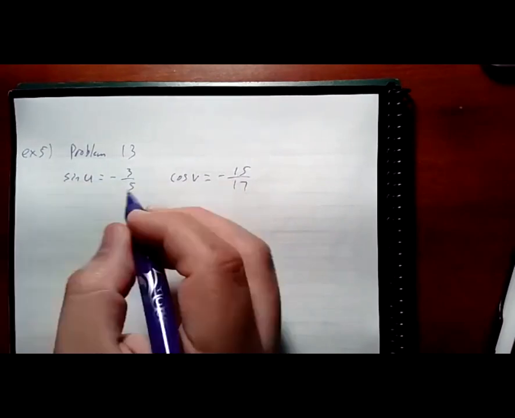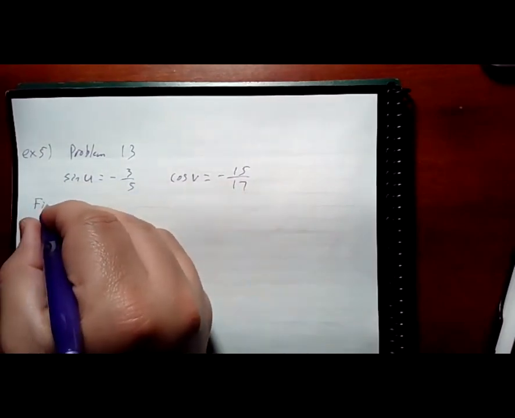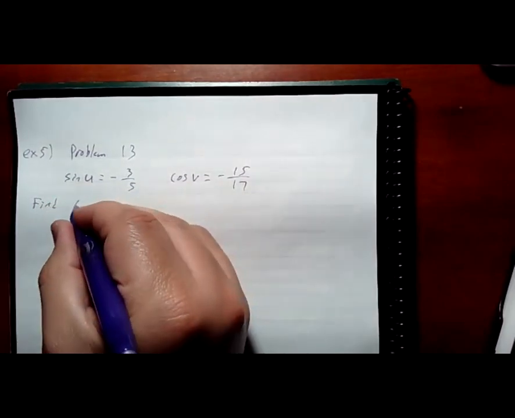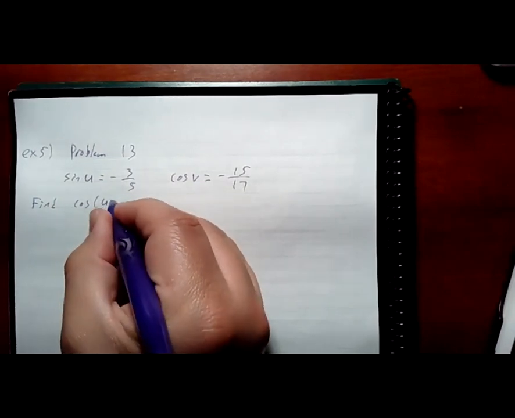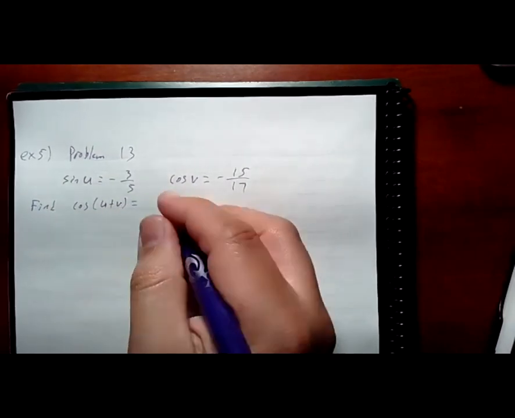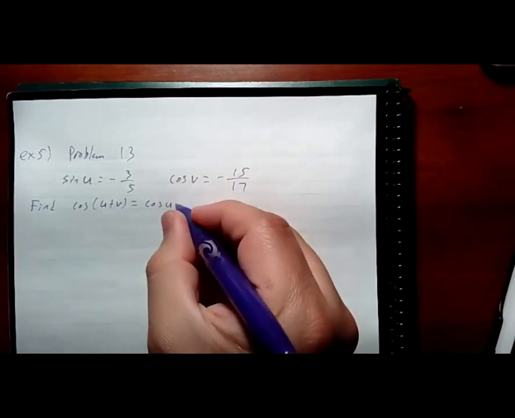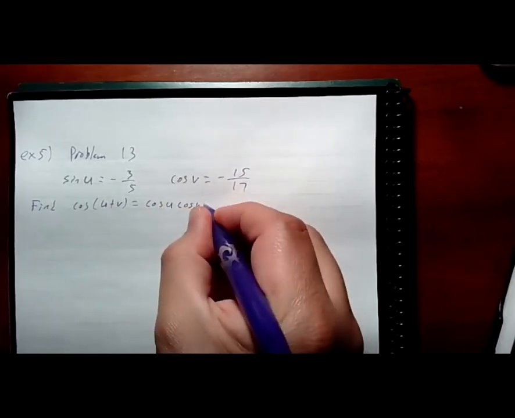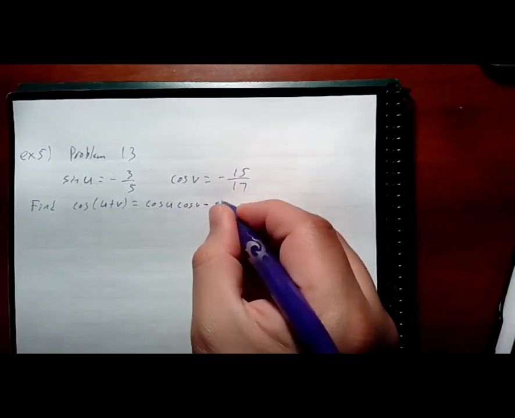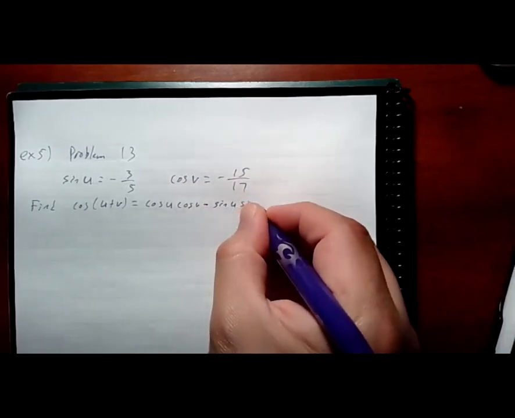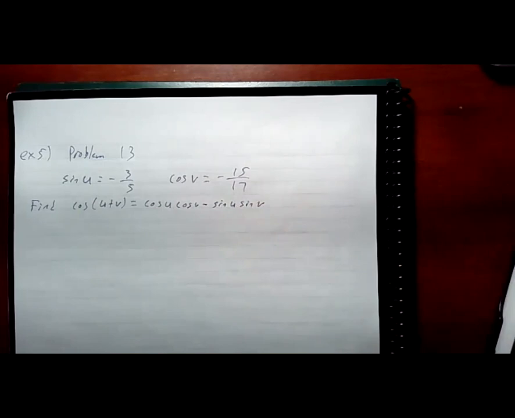They're going to ask us to find cosine of u plus v, which is equal to, on the formula, cosine u cosine v minus sine u sine v. Okay, look at the homework, number 13.